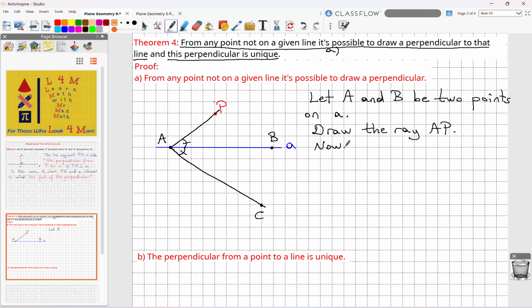Now draw the ray AC such that the angle CAB is equal to the angle PAB.